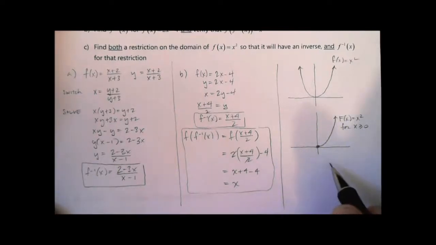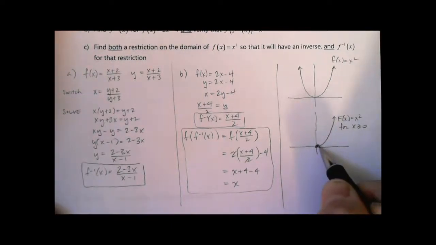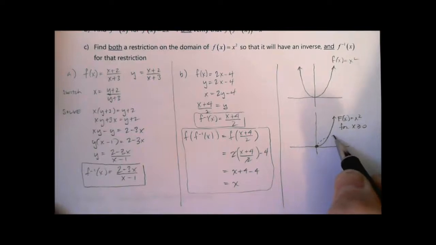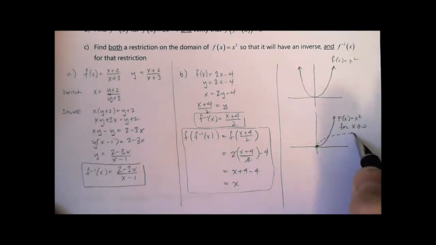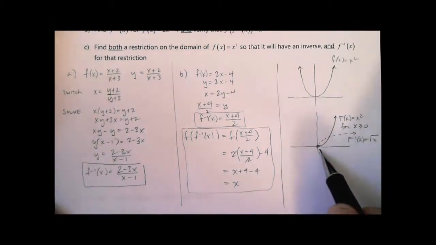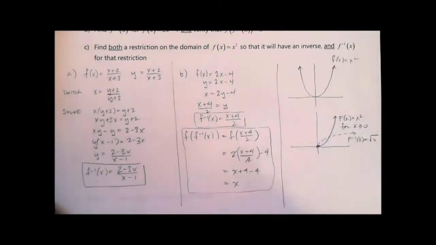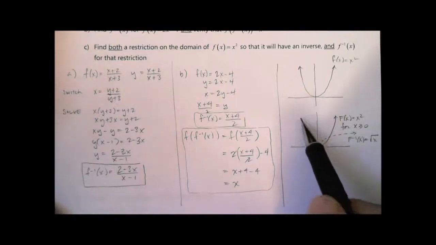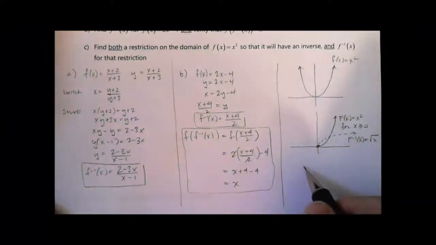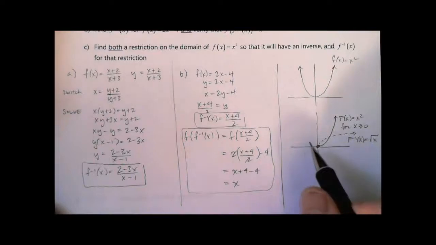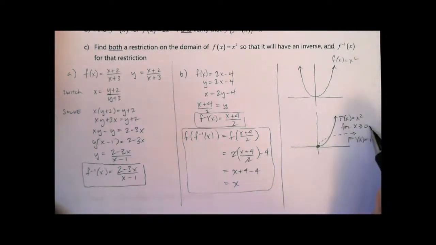And again, you can calculate that, but it should be fairly straightforward that the positive root of f of x, this is the positive root of x, and again the negative root of x would be down there, which would be the reflection of the other branch. And so we'll say that the domain restriction is x greater than or equal to 0, and the inverse on that piece is the positive root of x.